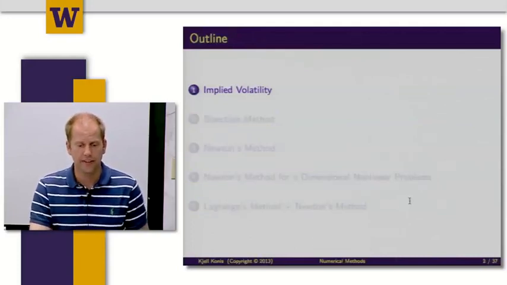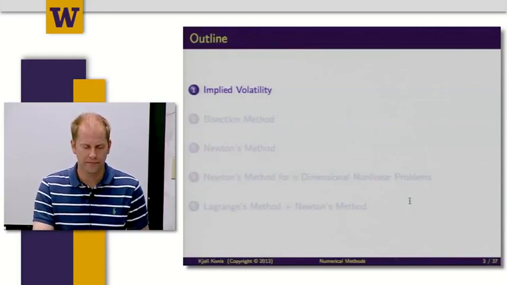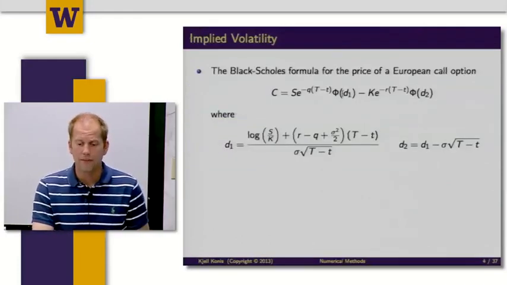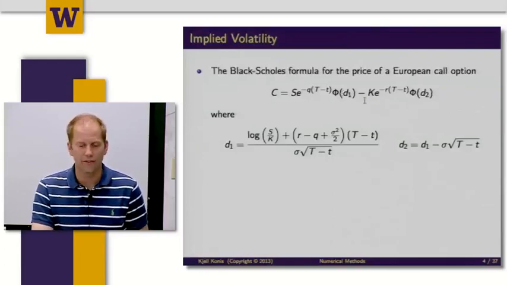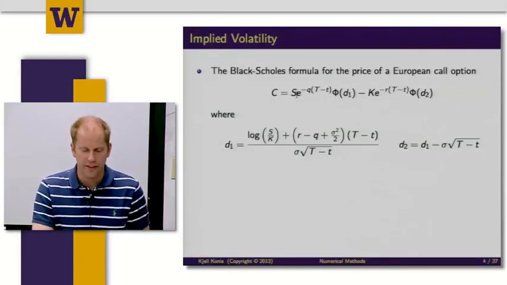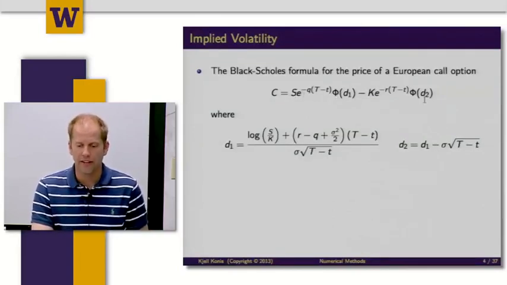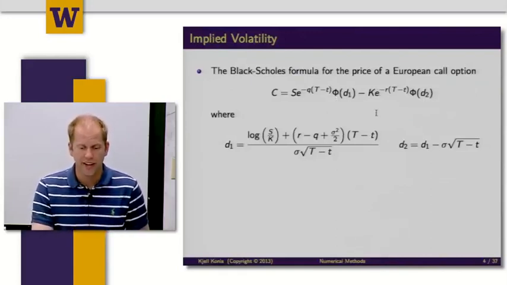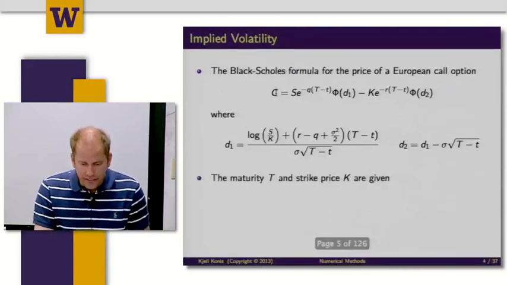So we get started by talking about implied volatility. If we remember from the first half of the course, we looked at the Black-Scholes formula for a while, mostly when computing partial derivatives. This is just to remind you what it is.